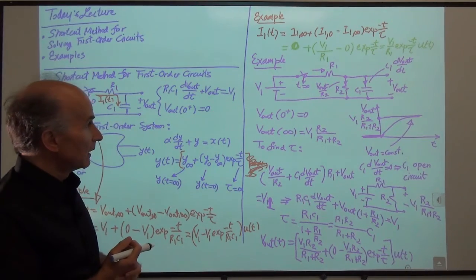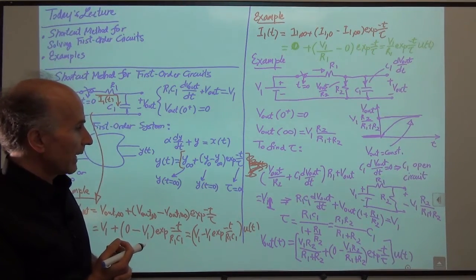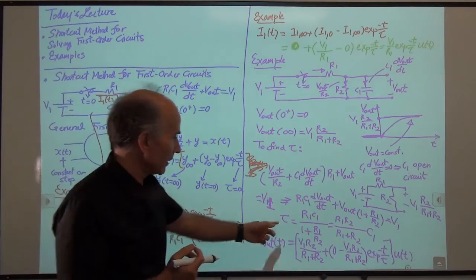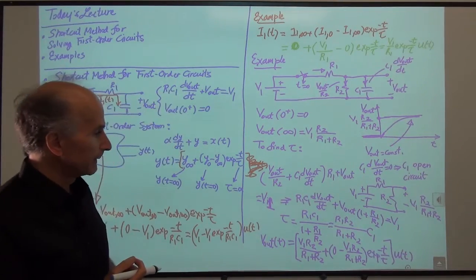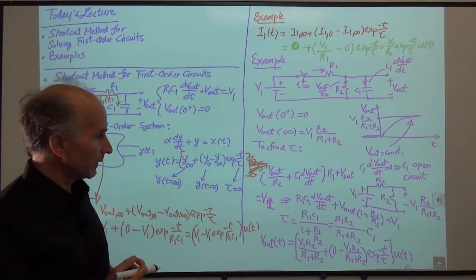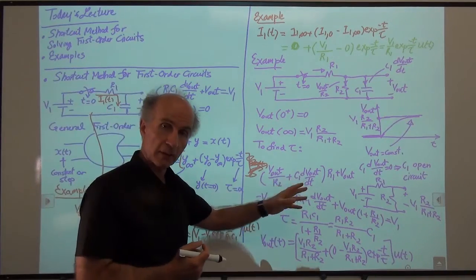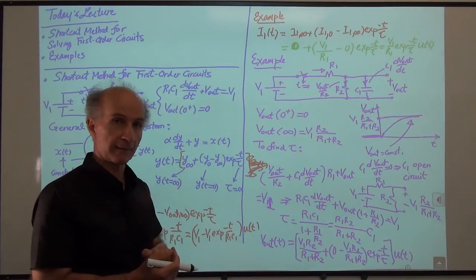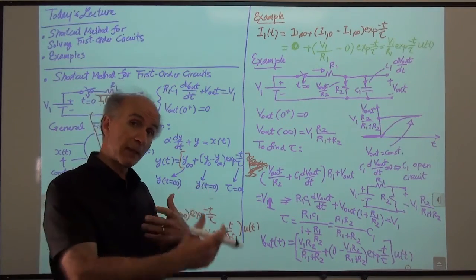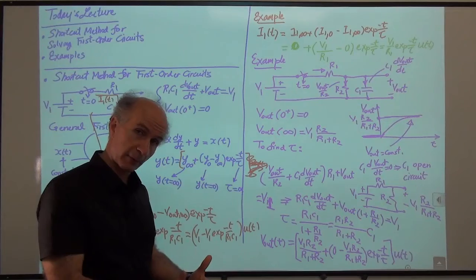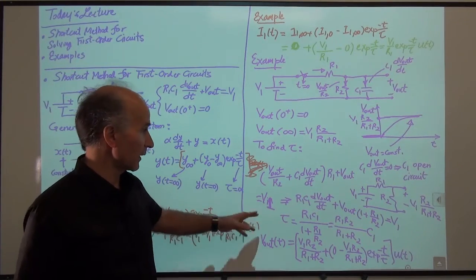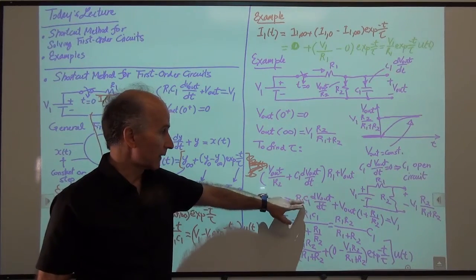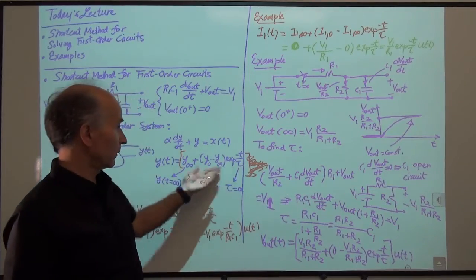All right. A note about the time constant here. We found this time constant by writing the differential equation. But actually, for a first order system, we don't have to do that. That makes the situation even simpler, right? Because you're saying if I write the differential equation at this point, why bother with this approach?